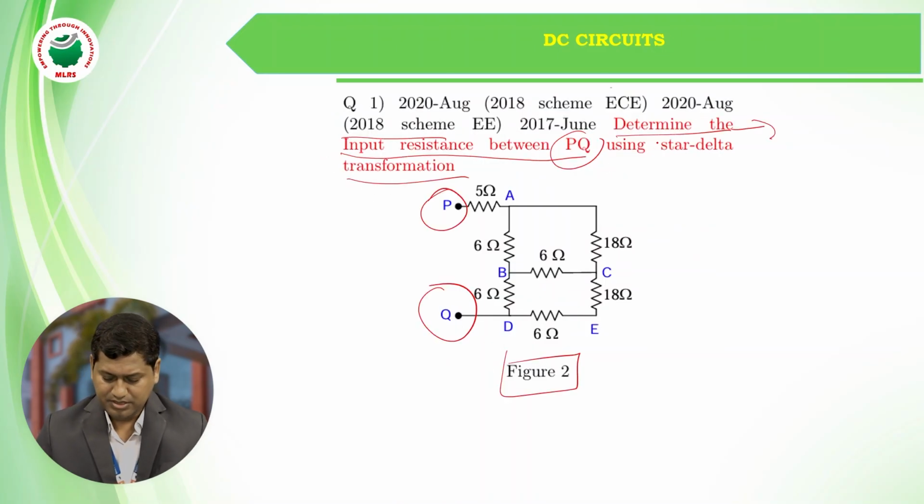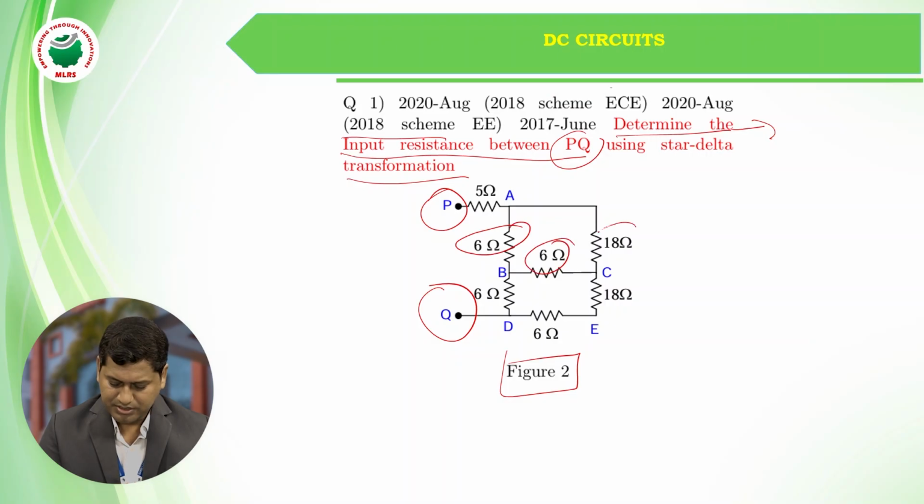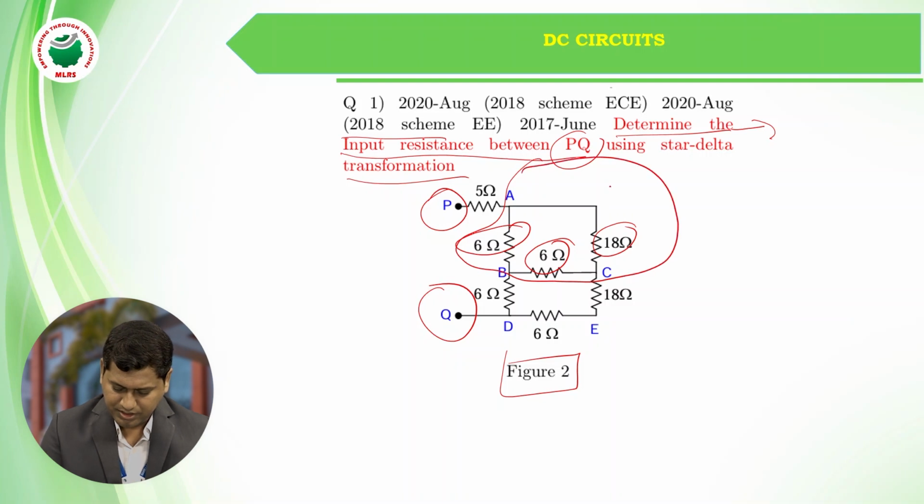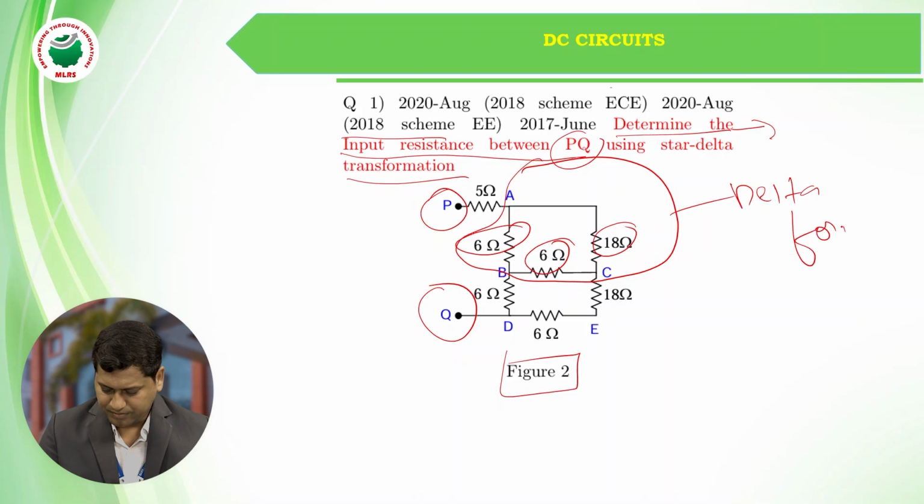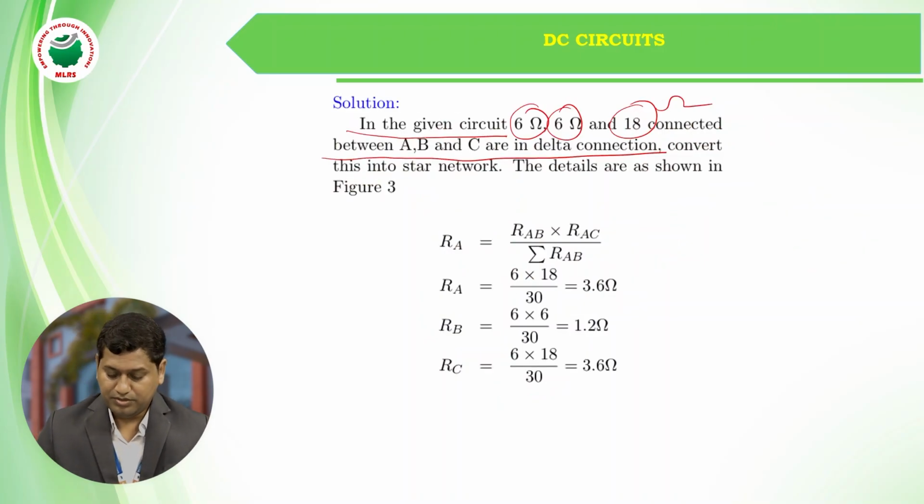This combination is in delta form. As they are delta connected, we need to convert into star connection.